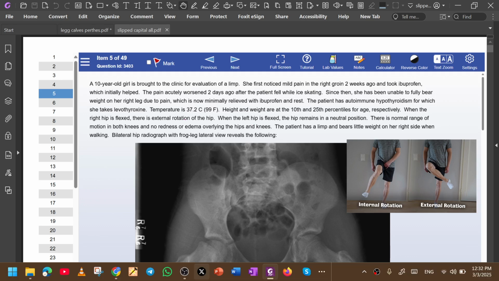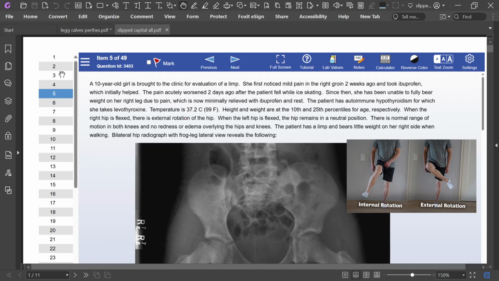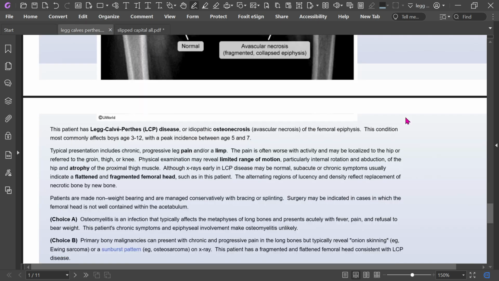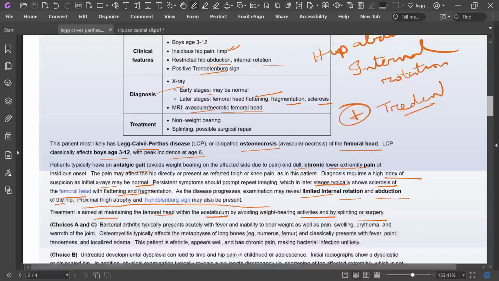Okay, now if we look at this question, a 10-year-old girl is brought to the clinic for evaluation of a limp.